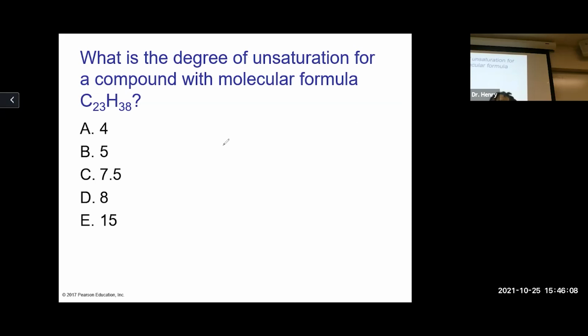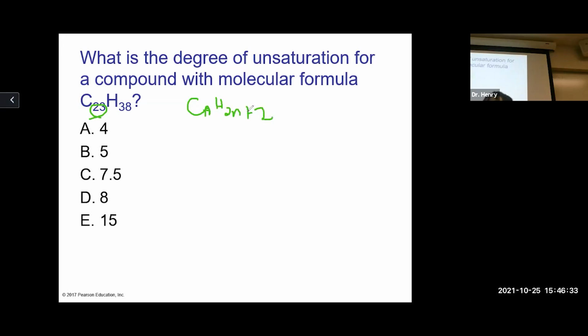Okay, so let's do it if we were all single bonds. If we have 23 carbons, how many hydrogens should I have? All single bonds. So it'd be CnH2n+2, right?